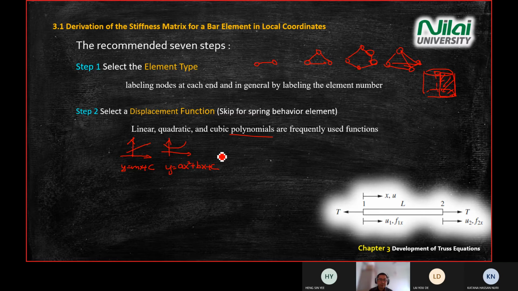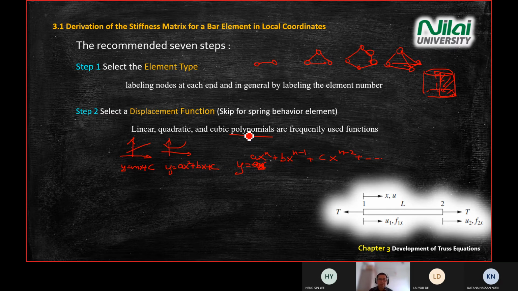You have polynomial, meaning that the n here is more than 2. It means something like ax^n plus bx^(n-1) plus cx^(n-2) plus and so on. This is a polynomial general equation.